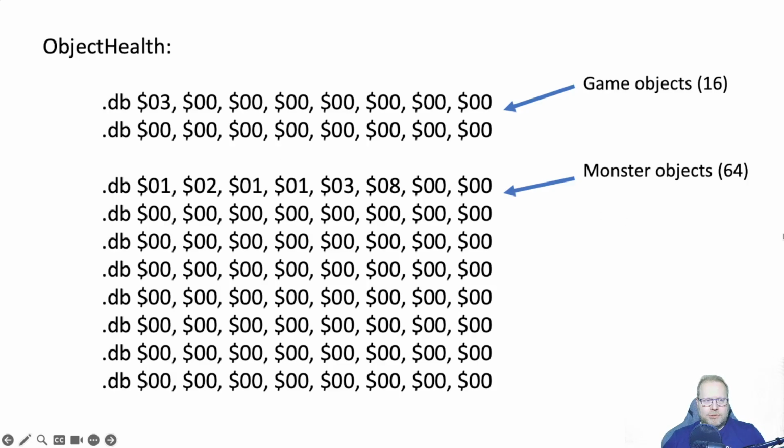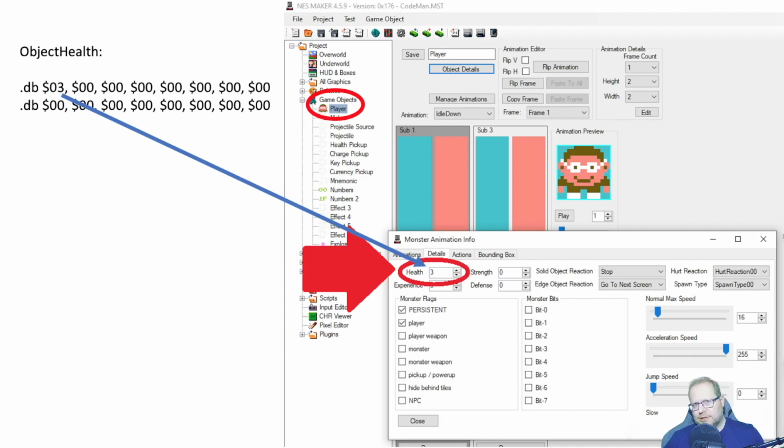Alright, so what? Well, let's look at this, because it makes it a little easier to see what I'm talking about. Here's the object health table. And as you can see, like I said, the first entry here, entry 0, that's 3, because I've set this player object up with 3 health.